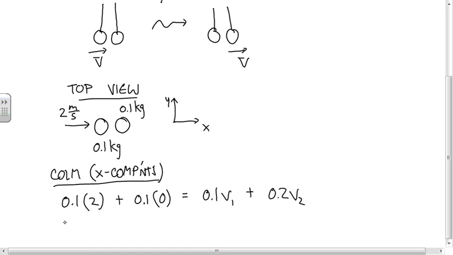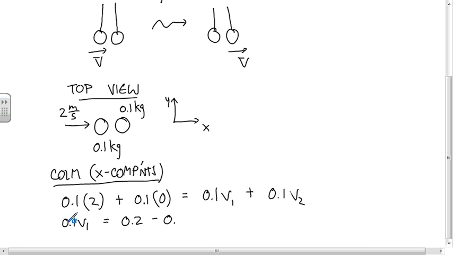Okay, so 0.1 V1 is equal to 0.2 minus, oh, sorry, I messed something up here. This 0.2 should be the mass of mass 2, so that should be another 0.1.